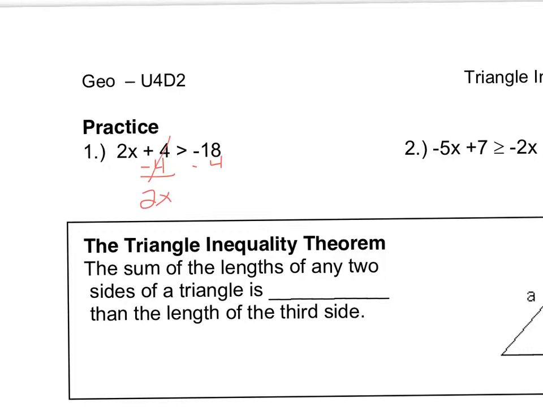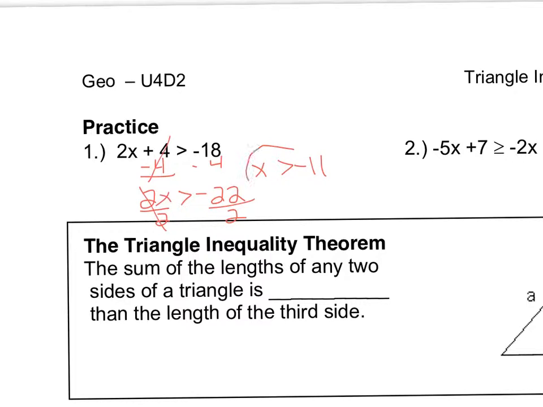We have 2x is greater than. Now we want to do the subtraction over here on this side. Negative 18 minus 4, which is going to give us negative 22. We finish this off by dividing both sides by 2. And we end up with x is greater than negative 11.